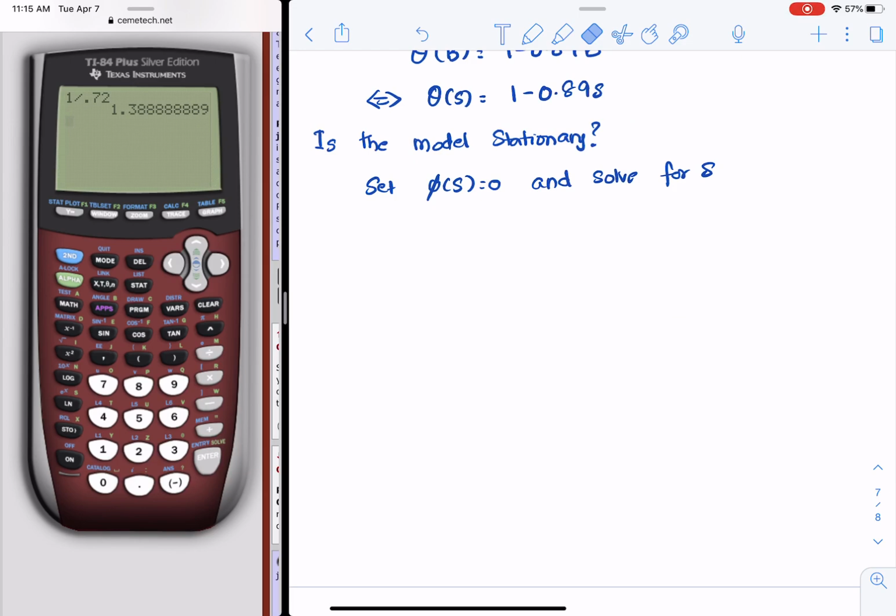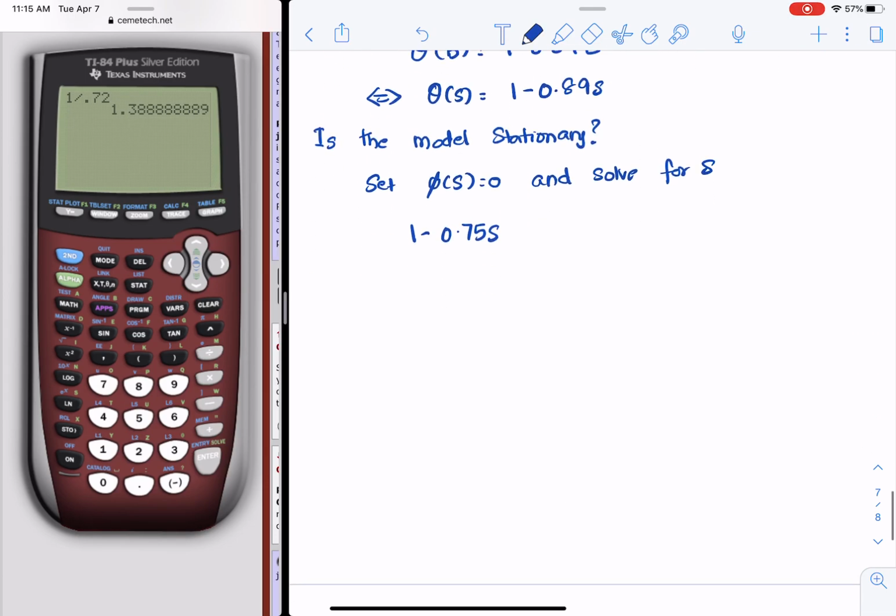So 1 minus 0.75s plus 0.4 s squared would equal 0. We have to use the quadratic formula because that is a second degree polynomial.